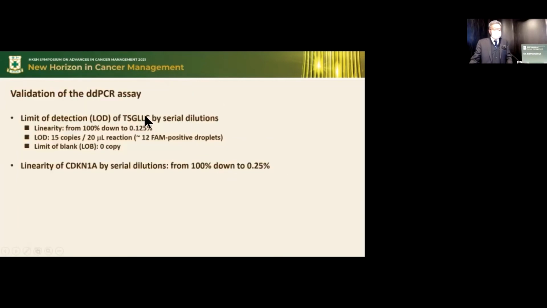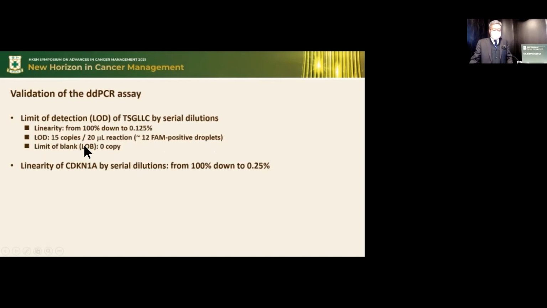And we're able to validate the limit of detection. For the CAR T cells, by serial dilution, the linearity is from 100% down to 0.125%. The limit of detection is 15 copies per 20 microliter reaction, or roughly 12 FAM-positive droplets.